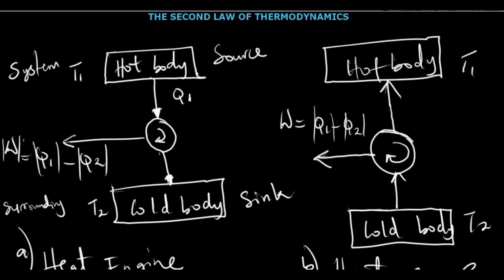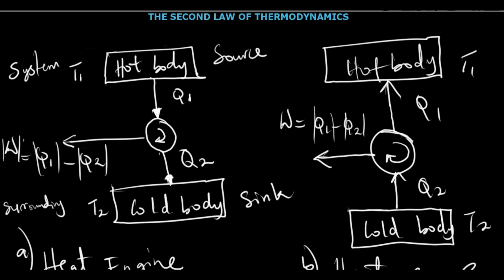As you can see there, heat flowing from a hot body Q1 is supplied to the heat engine, and the heat engine does work with the heat, which is Q1 minus Q2, but it doesn't use up the heat completely, so it rejects some heat to the cold body. So at this point Q2 will be introduced, Q2, Q1. That's what this diagram means.